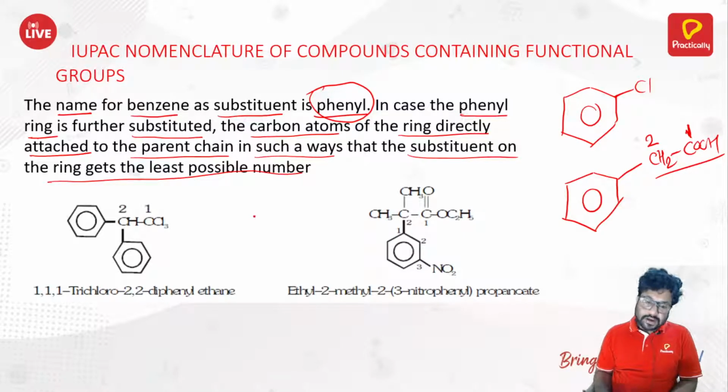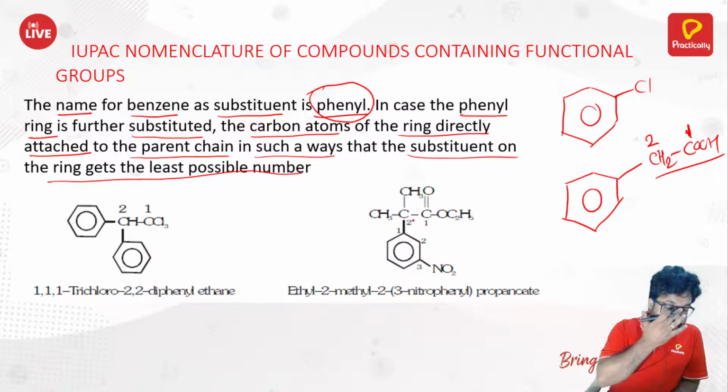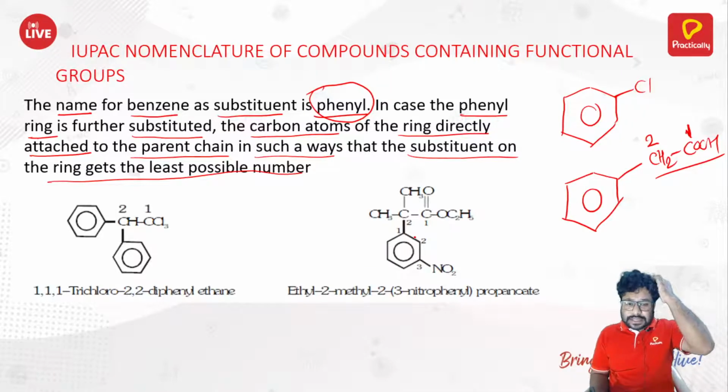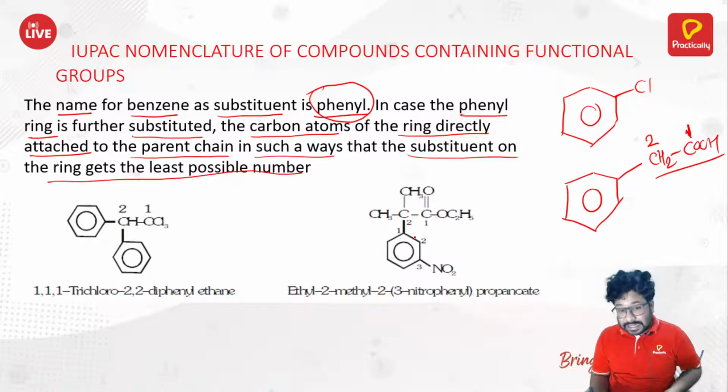What do we mean by that? If you have more than one substituent on the benzene ring, you give those substituents as low numbers as possible. Let's look at this example. This is an ester, and this is your straight chain: 1, 2, 3, 4.